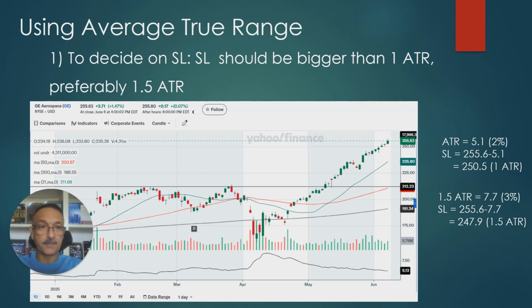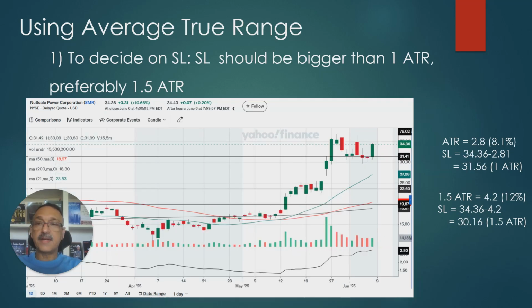Okay. Let's take another example of a stock called SMR. The stock value is about 34.3 at that day, and the ATR was 2.8. If you divide the ATR over the stock price, you will see that it's about 8.1%. You cannot use 2 or 3% as a stop loss here, because if you do, you will go out instantaneously, since the stock movement is about 8% in one day.